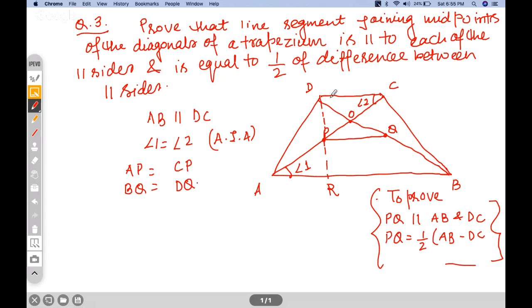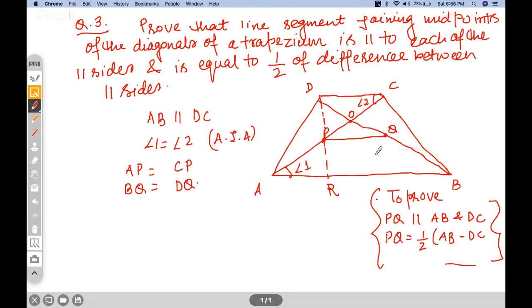In this triangle DRB, if I am able to show that P is the midpoint of DR, then I'll use the theorem of the triangle. Which theorem? That if I join the midpoints of two sides, the line joining those midpoints would be parallel to the third side.